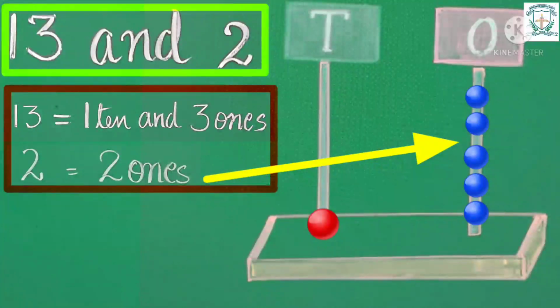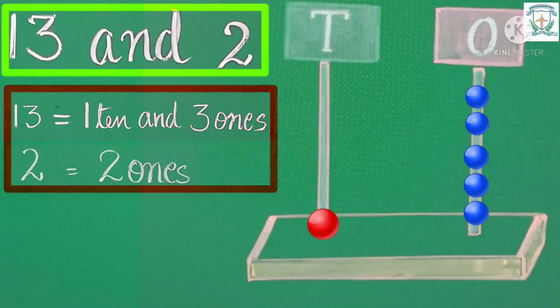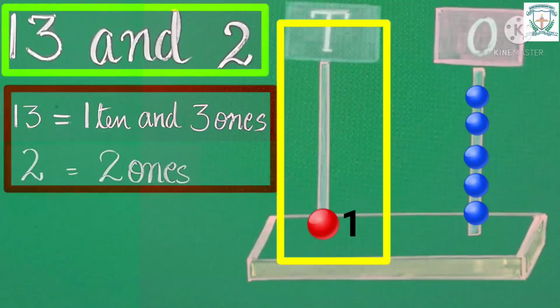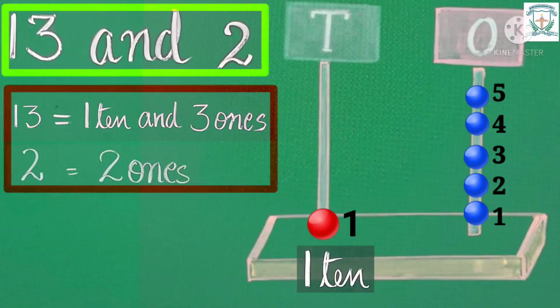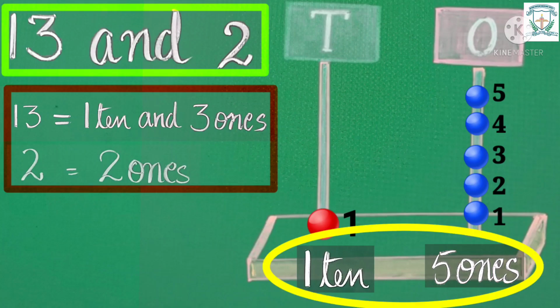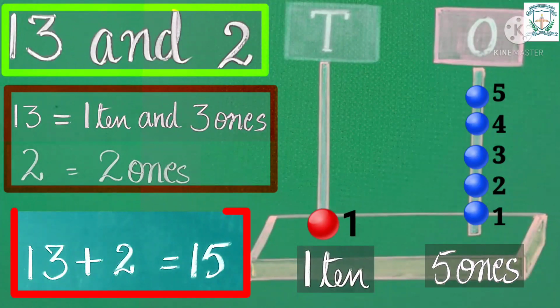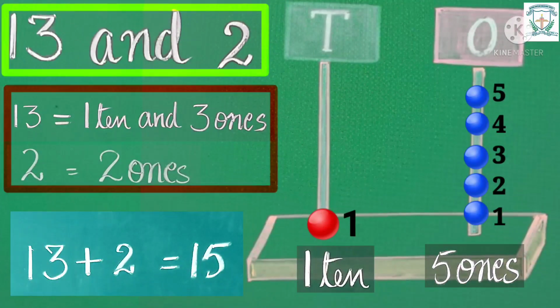Let us count the number of beads on both the spikes. The ten spike has 1 bead, so we write it as 1 ten, and the one spike has 5 beads, so we write it as 5 ones. 1 ten and 5 ones makes 15, so we write it as 13 plus 2 is equal to 15.